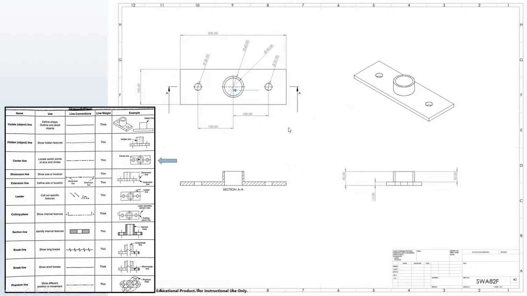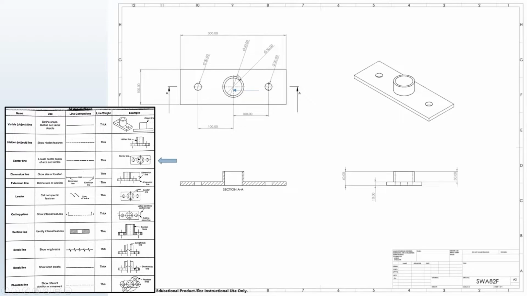Our next line is our center lines, and they are pretty self-explanatory. In this case, I have two center lines on here. I have a line that runs through the object this way, and a line that runs through the object this way. They are long dash, short dash, long dash, short dash lines.